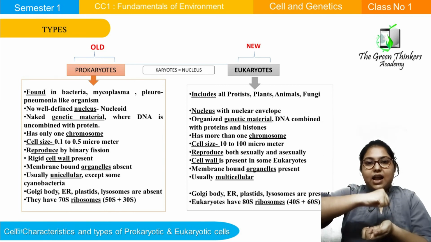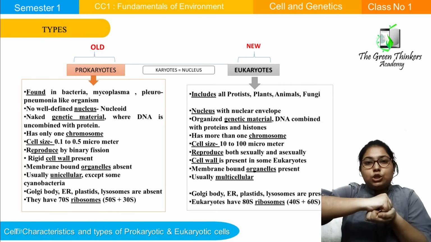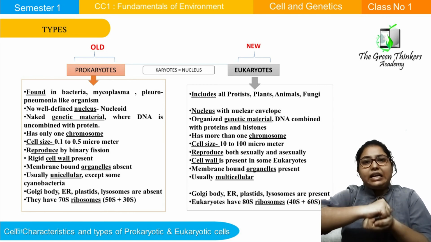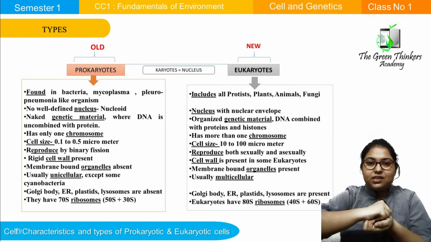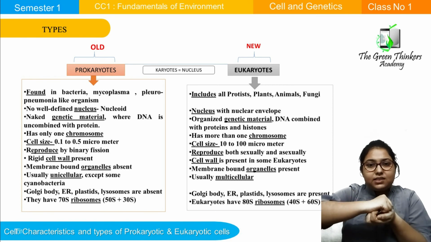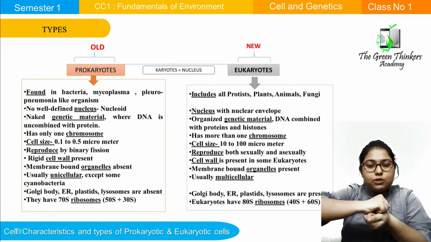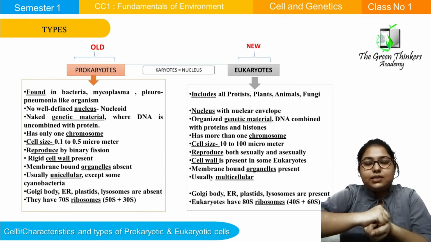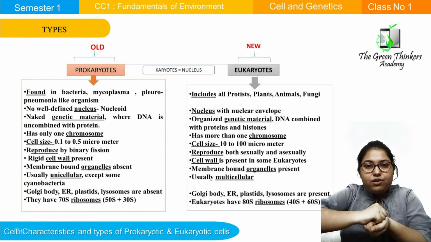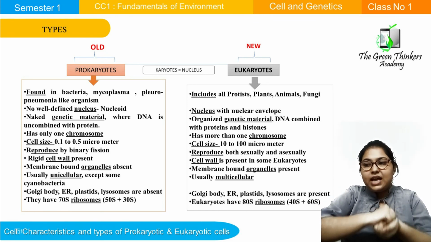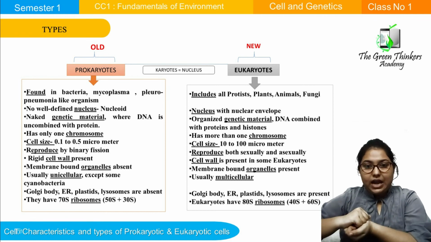One is like this and the other one is like this. The mRNA passes in between these two units, and finally the proteins are synthesized. So this unit together we call 70S for prokaryotes and 80S for eukaryotes.